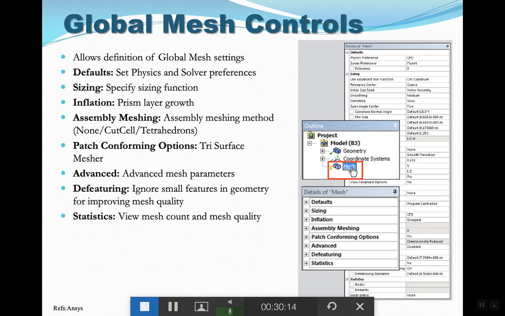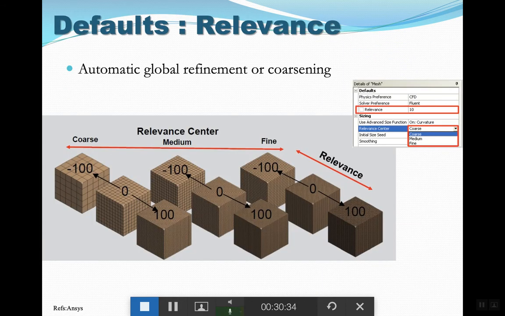You can start meshing using global settings everywhere, and then modify your mesh using local settings in different locations. And these controls include many things, from sizing, inflation, patch conforming option, defeaturing, and so forth, some of which we'll be covering here.